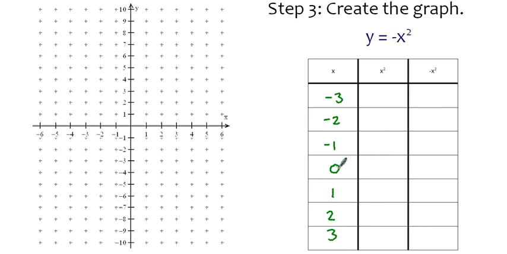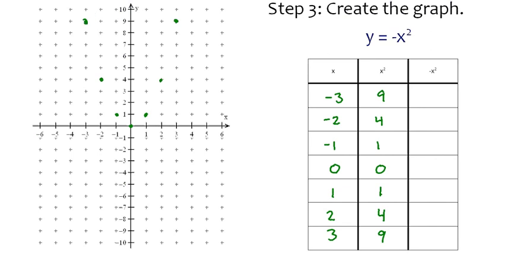So let's start with that. 0 squared gives 0, plot 0, 0. 1 squared gives 1. 2 squared gives 4, plot 2, 4. 3 squared gives 9, plot 3, 9. Negative 1 squared is 1, negative 2 squared is 4, and negative 3 squared is 9, and we'll plot those three values as well.